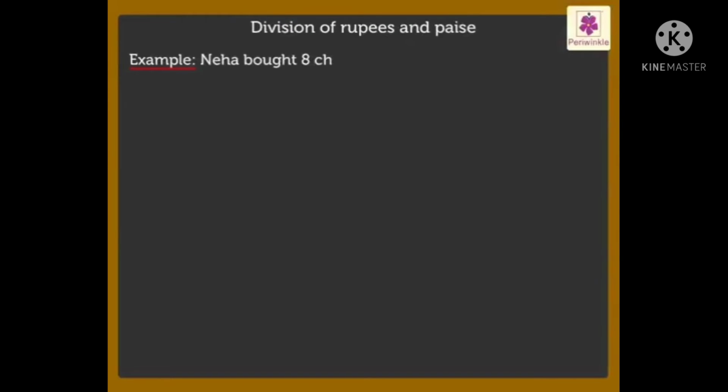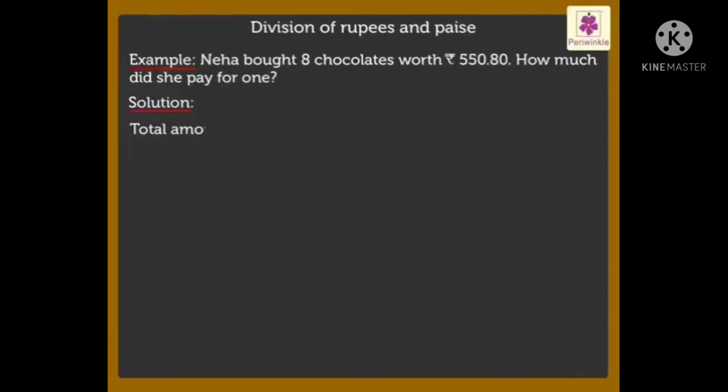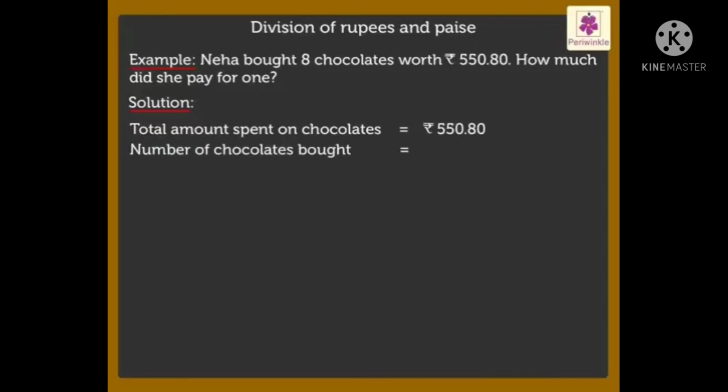Neha bought 8 chocolates worth rupees 550.80. How much did she pay for one? Here, the total amount spent on chocolates is rupees 550.80. Number of chocolates Neha bought is equal to 8.